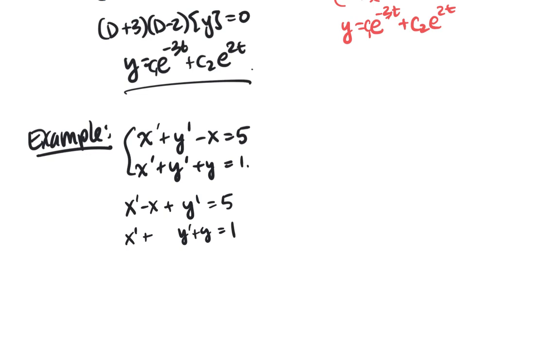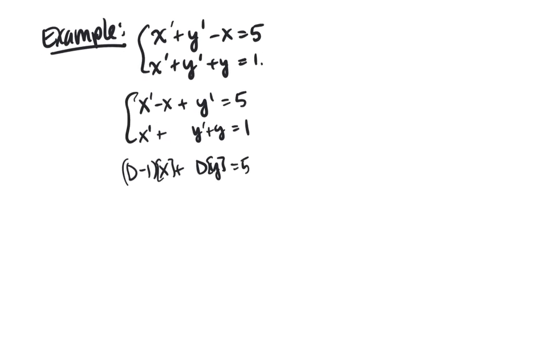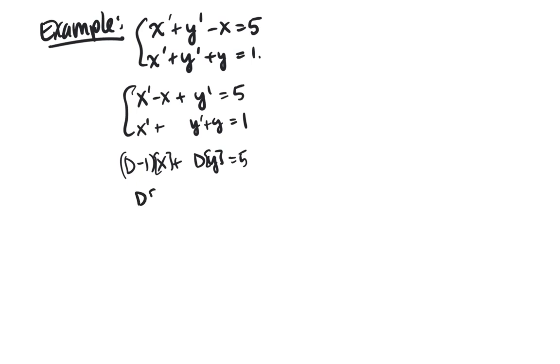Okay, so now I can write this in operator notation. So I'll have (D minus 1) x plus D y equals 5. And then I would have D x plus (D plus 1) y equals 1. Okay, and so now I want to eliminate one of my variables, x or y. So if I'm going to do the elimination method, let's say I want to eliminate y.